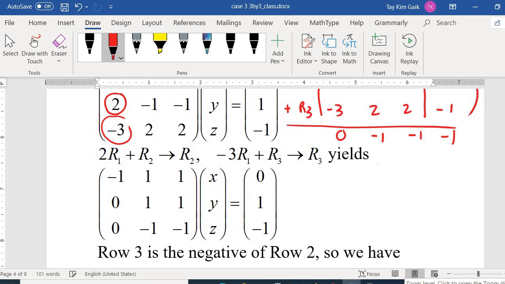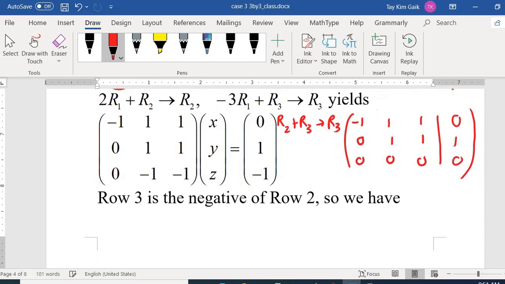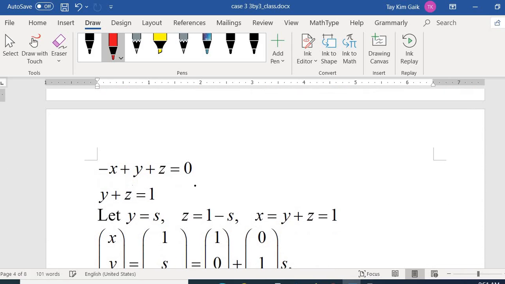You can reduce to only 2 equations, or you may use row 2 plus row 3 put into row 3, with no changes on row 1 and row 2. These two rows add up to 1 minus 1, 0. That's why you reduce to only 2 equations.